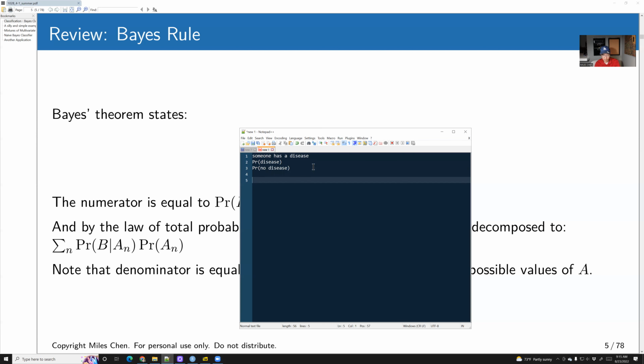And then we can say if someone has the disease, they have a probability of positive given disease. This is testing positive, right? And we'll say 99% chance of testing positive.